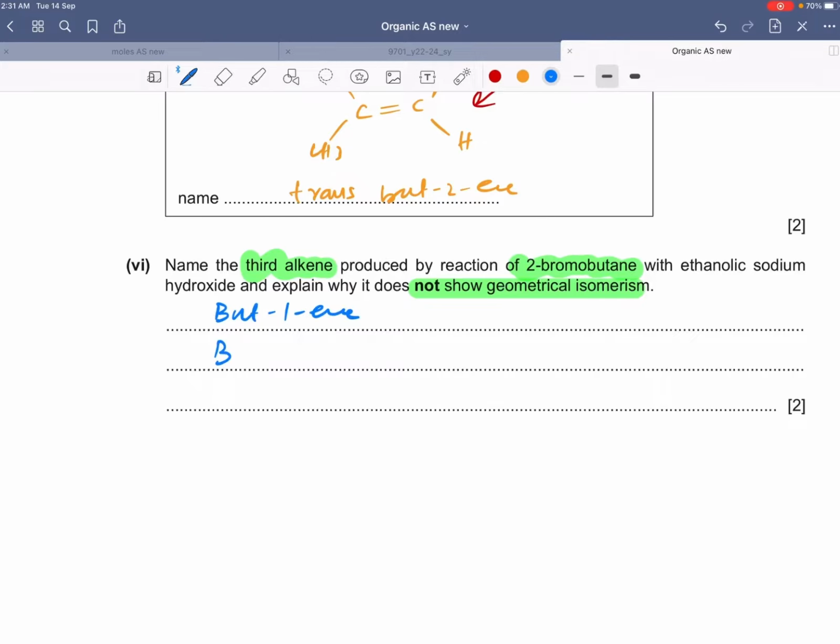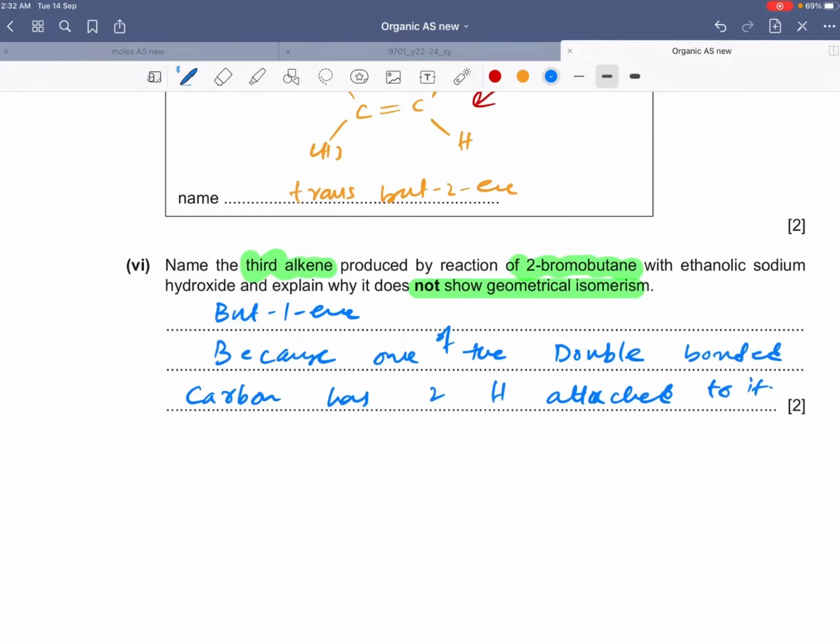Because one of the double bonded carbons, or sp2 carbons, has two hydrogens attached to it.